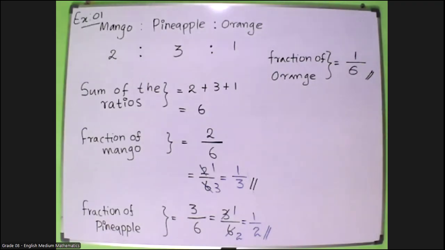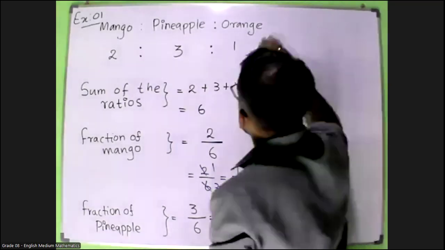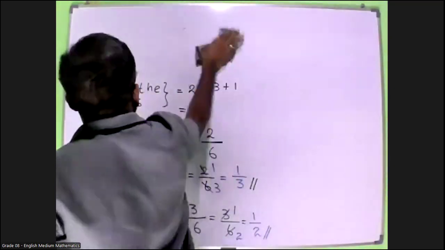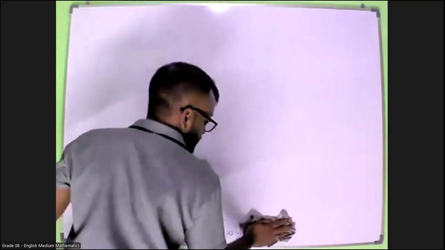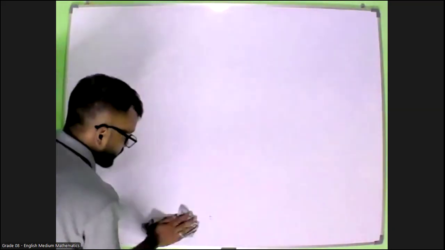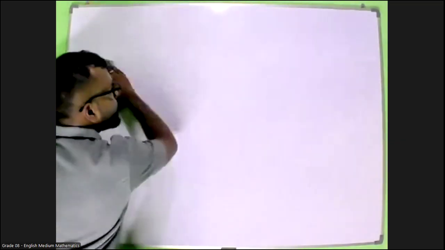It is in your textbook. 16.1, first page. Excuse me, sir. Yes, who's that? Should we write the question? Actually, no need. If you have your textbook with you, no need to write.